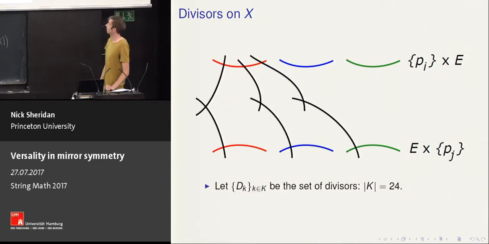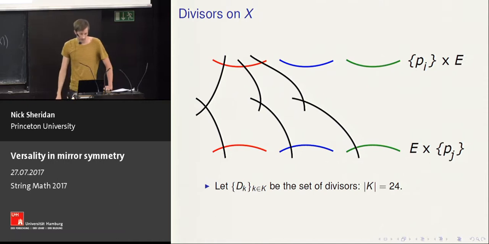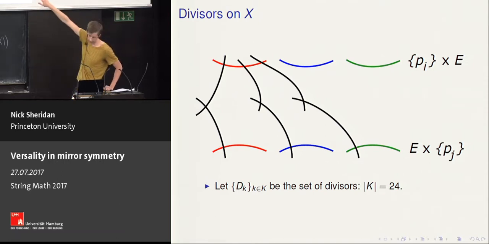After we resolve, we introduce a bunch of exceptional curves, 2 for each of these intersection points. I've only drawn the ones that intersect the top left one to make the picture more comprehensible. And so there's a total of 24 divisors here.